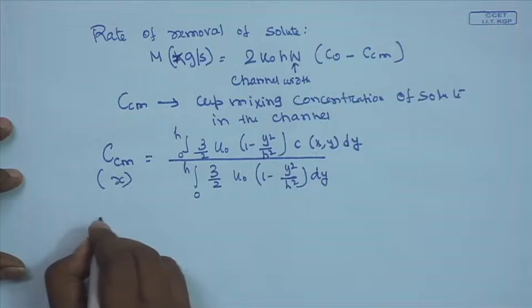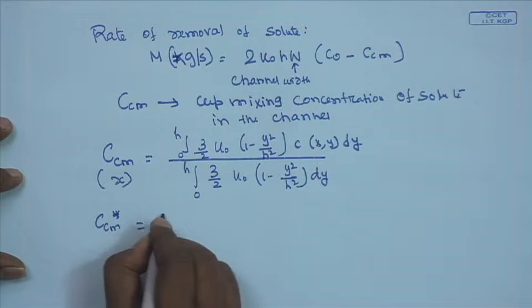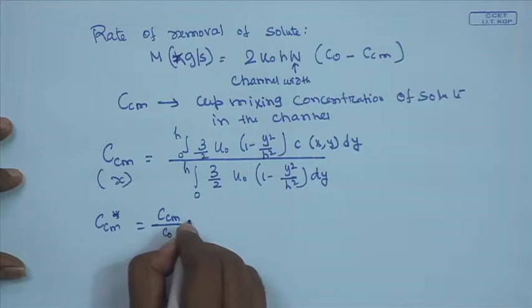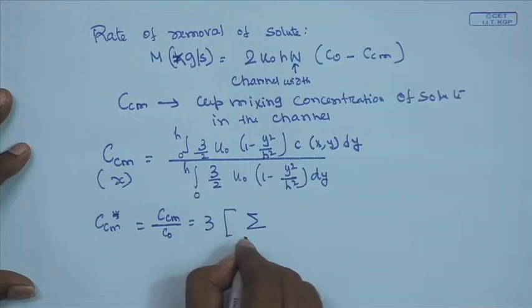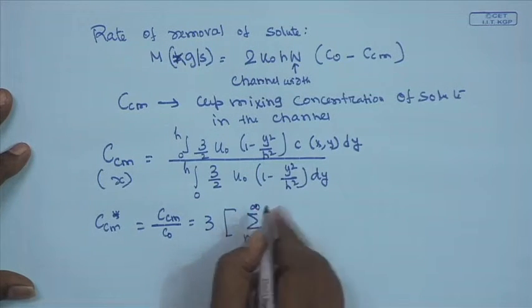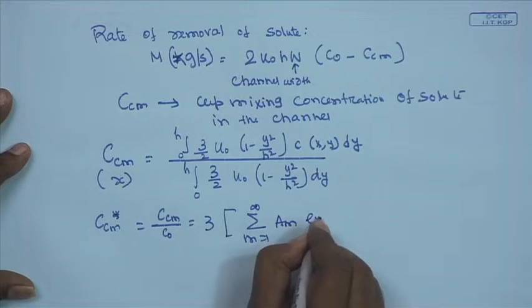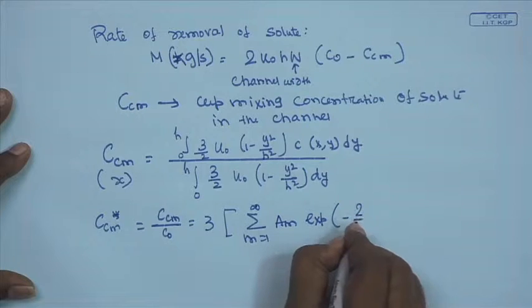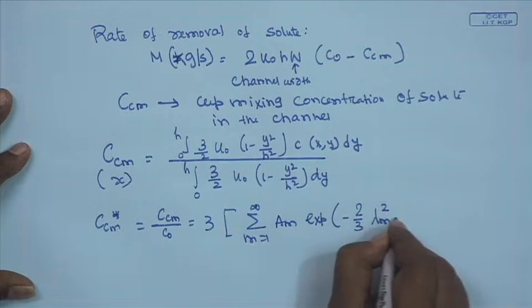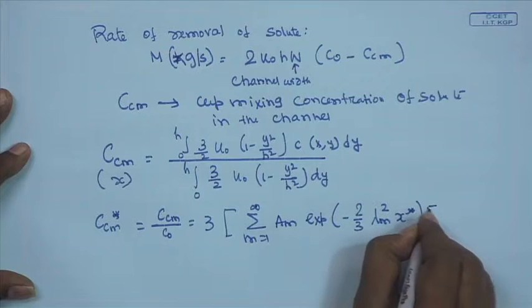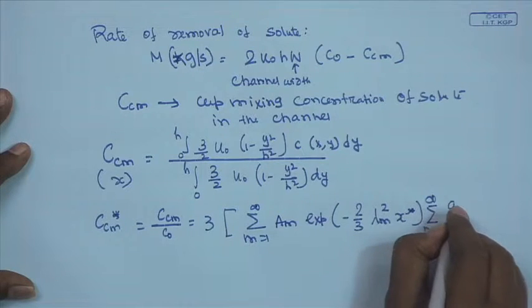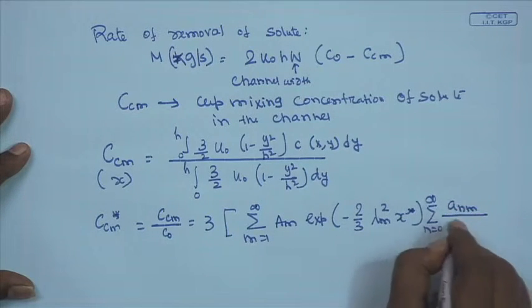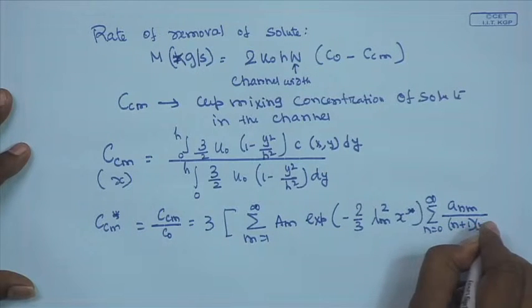If you look into the non-dimensional version, CCM star is equal to CCM divided by C naught, and after integration we will be getting this expression: summation of m equal to 1 to infinity of capital Am exponential minus 2 by 3 lambda m square x star, times summation of n equal to 0 to infinity a n m divided by n plus 1 into n plus 3.